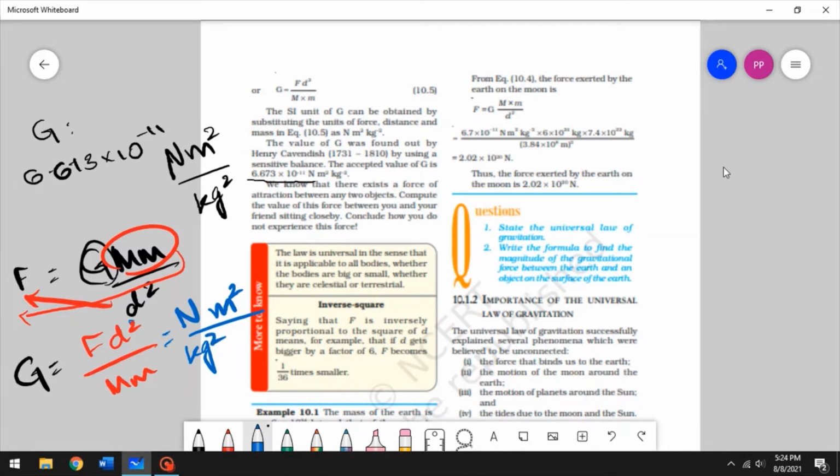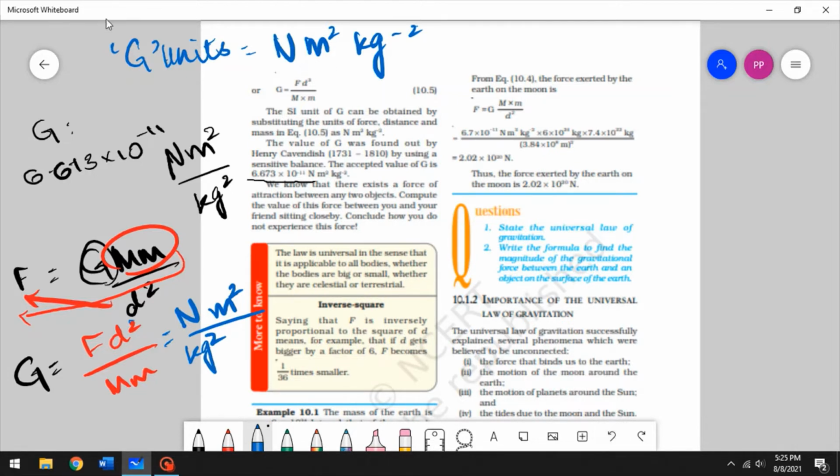So that is how we get the units for the gravitational constant. I'm going to say G, capital G, has units Newton meter square per kg square, and I'm adding a power negative 2 instead of writing the kg square below the Newton meters.